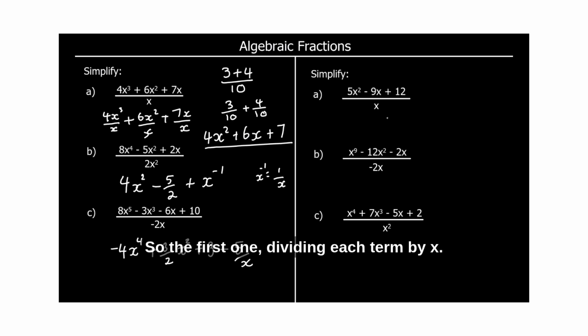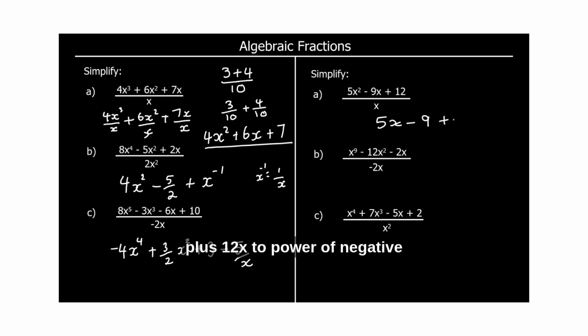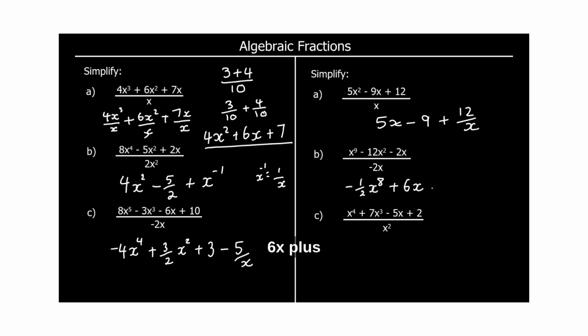So the first one, dividing each term by x, we should get 5x minus 9 plus 12x to the power of negative 1, or 12 over x. The second one, we've got minus a half x to the power of 8 plus 6x plus 1. Negative 2x divided by negative 2x.